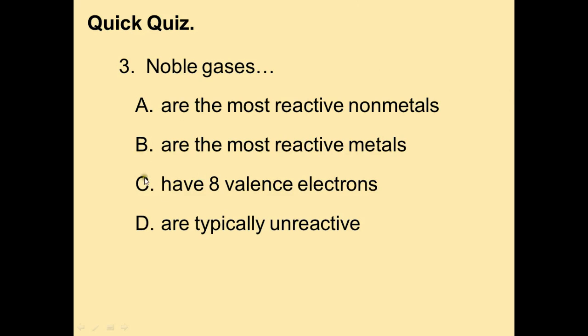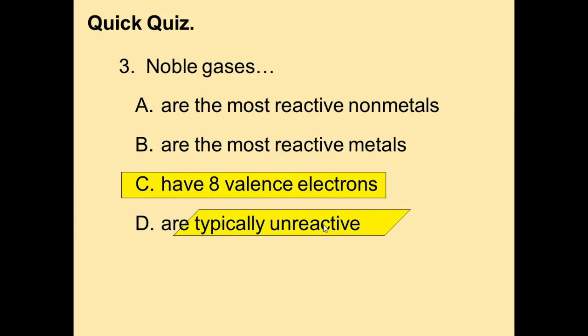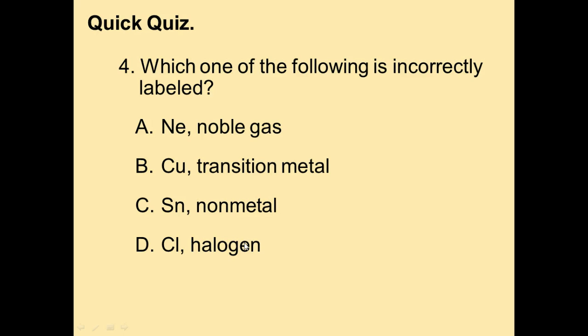Then we can look at C and D, and so C, they have 8 valence electrons. That is true somewhat, except for helium, and they're typically unreactive. That is also true. So the answer is C and D, and because they have 8 valence electrons, they are unreactive. So one causes the other.